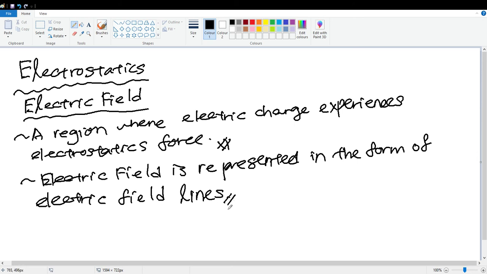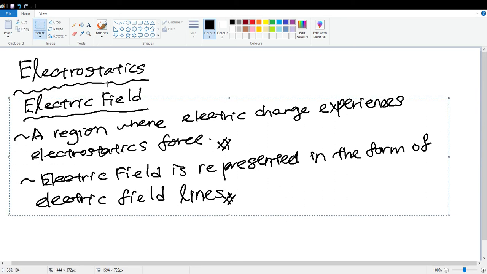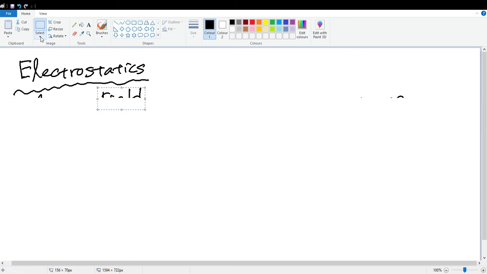So this is the property of the electric field. Alright, since we talk about the electric field, we need to talk about another most important part, which is electric field strength.